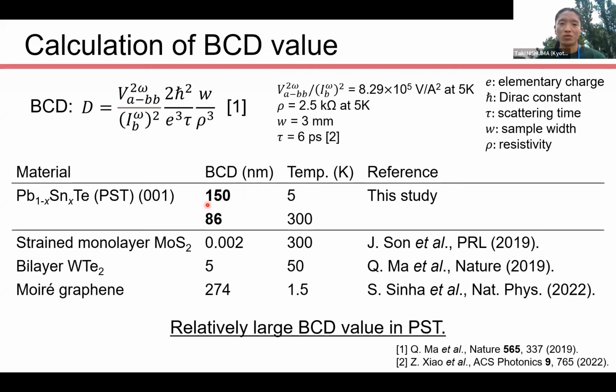It's a calculated one from the experimental result. Actually, the numbers simulated in other reports are roughly two orders smaller than these values. So we are still not sure why this value is so large in our material, and other effects like thermal effect, Rashba effect, or RKKY effect. There are so many effects.